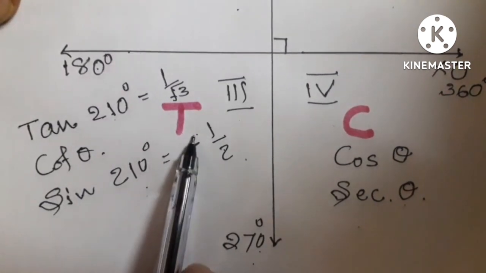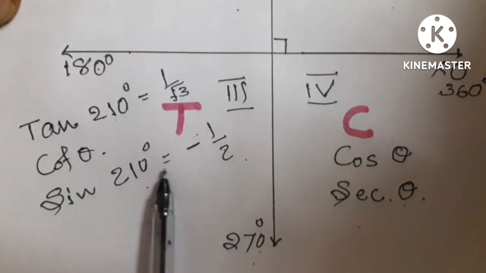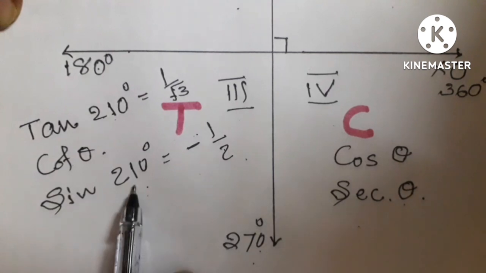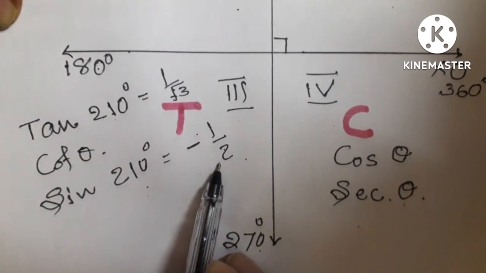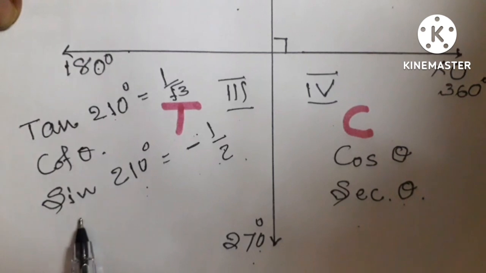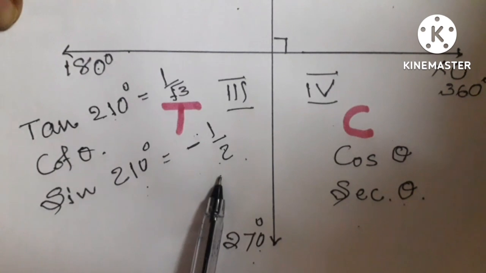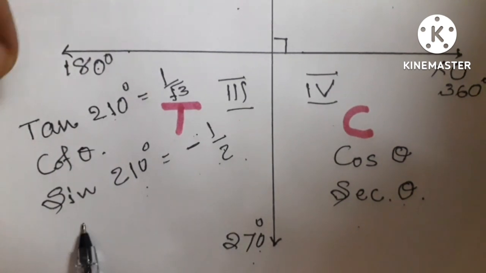So only sin theta and cosec theta are positive in the second quadrant. In the third quadrant, tan theta and its inverse, cot theta, are the only positive ones. The remaining values are negative in the third quadrant. So sine of 210 is equal to minus half. In a similar way, cosec theta, sec theta and cos theta will also be negative in the third quadrant.